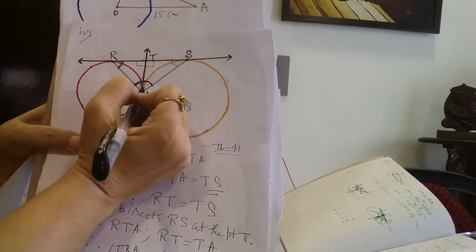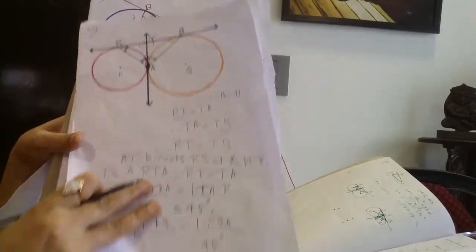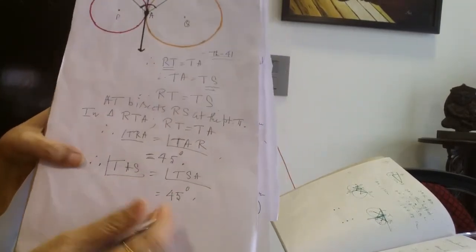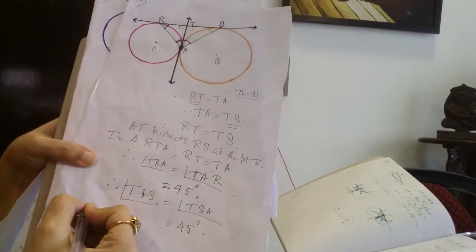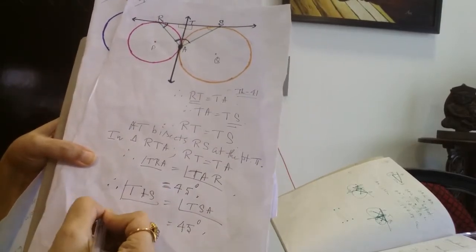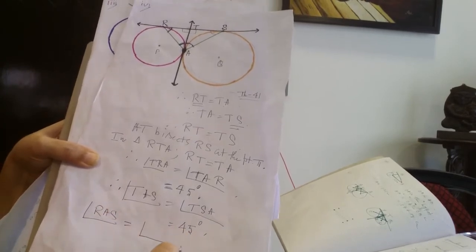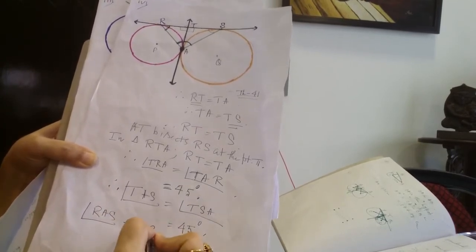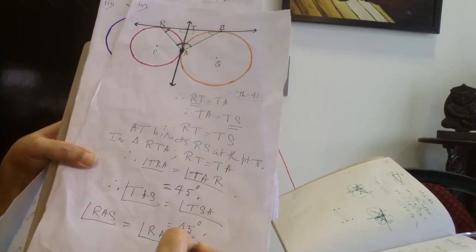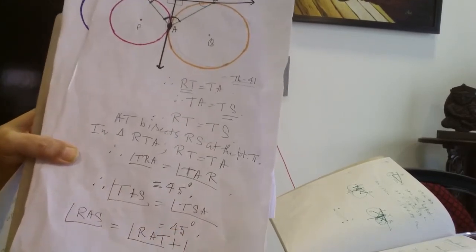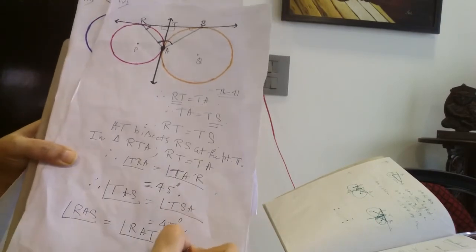You have to calculate angle RAS. Angle RAS equals the sum of the angles RAT and SAT.